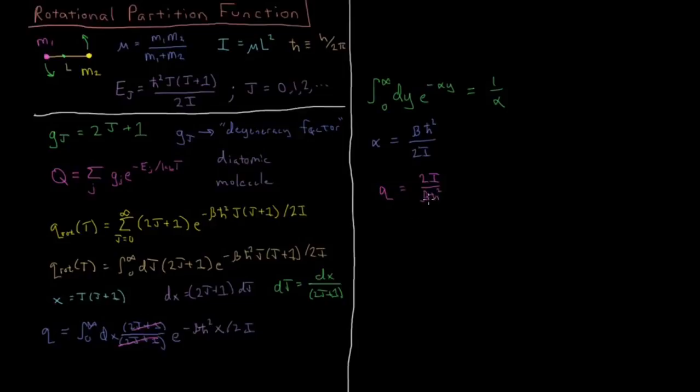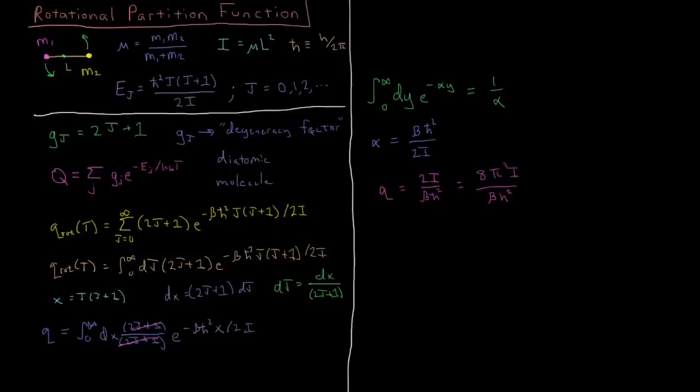And since we have this h bar squared here, we know that's h over 2 pi, so 1 over h bar squared is going to be 4 pi squared over h squared. So we could equivalently multiply this by 4 pi squared and get 8 pi squared I over beta h squared.